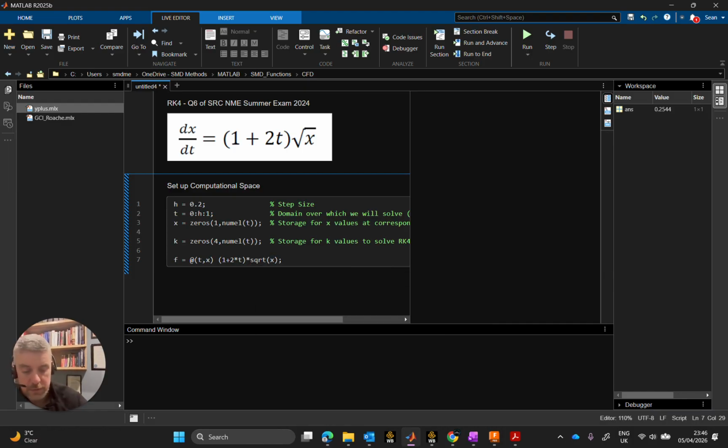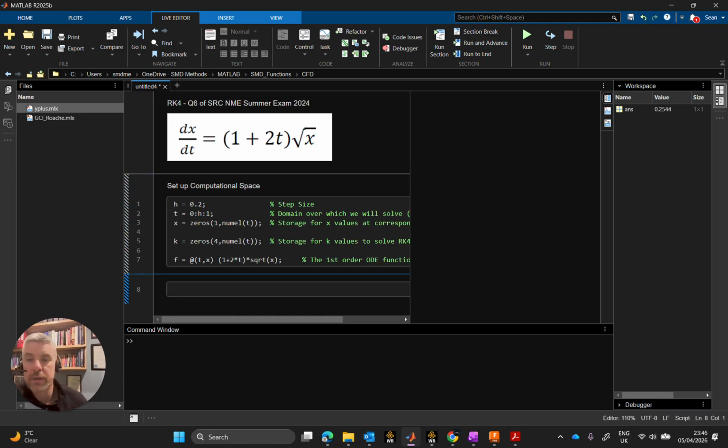And this is going to be the function itself. First order ODE function to solve. Okay, that's that one.